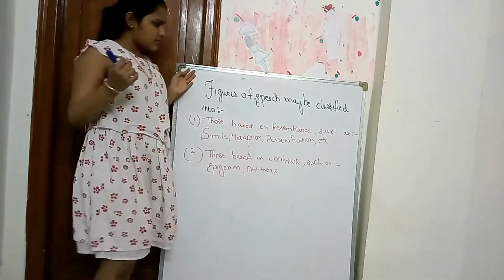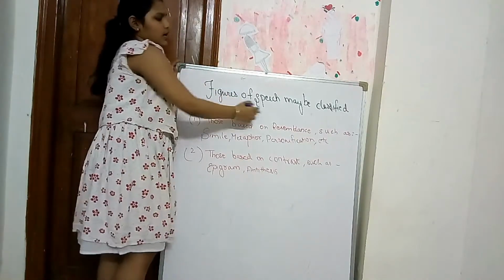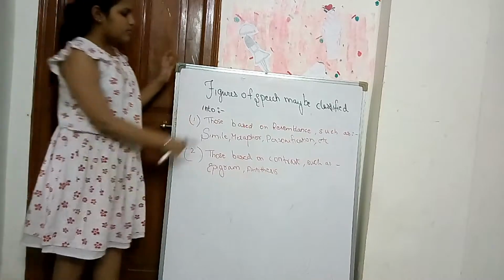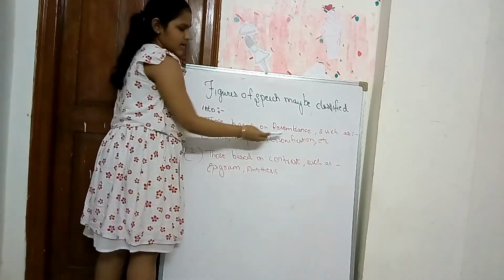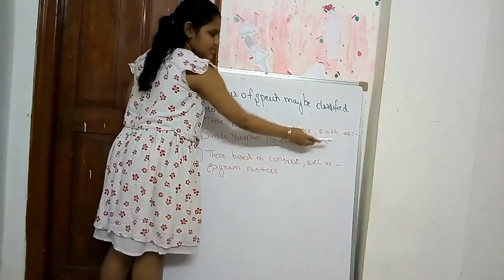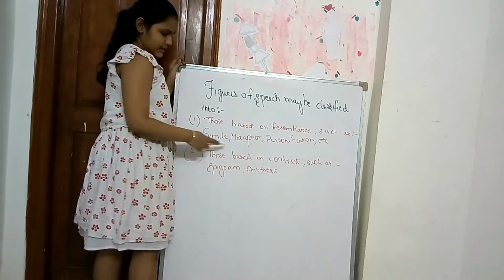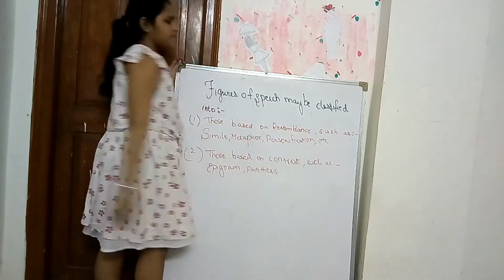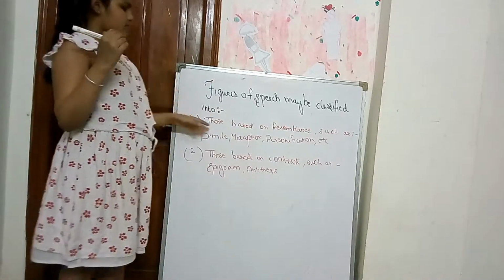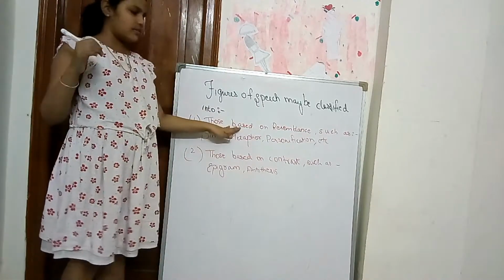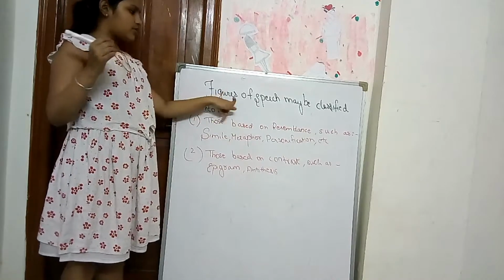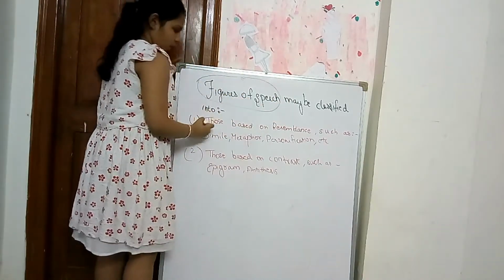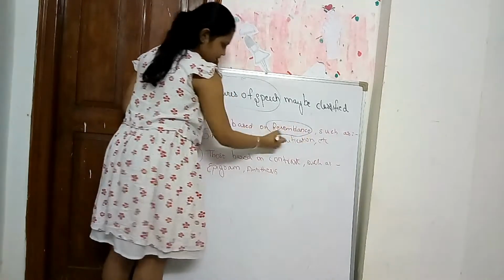So, the figures of speech may be classified into: first, those based on resemblance, such as simile, metaphor, personification, etc. The first one is based on resemblance.